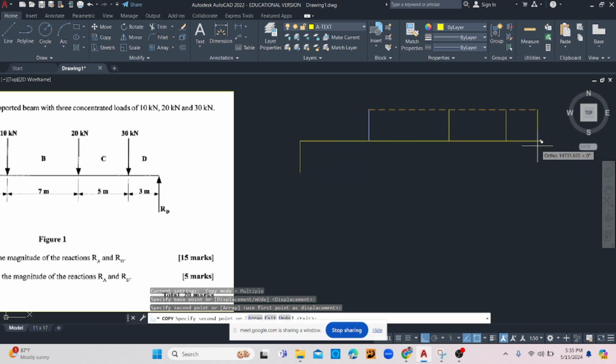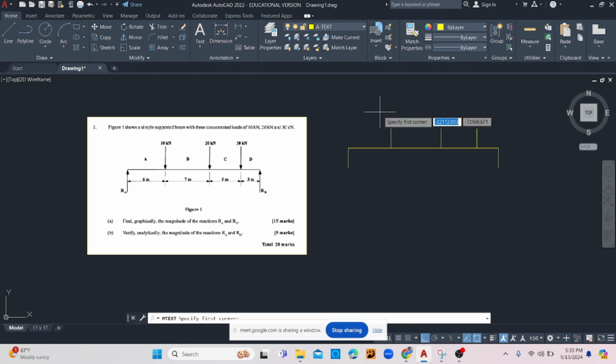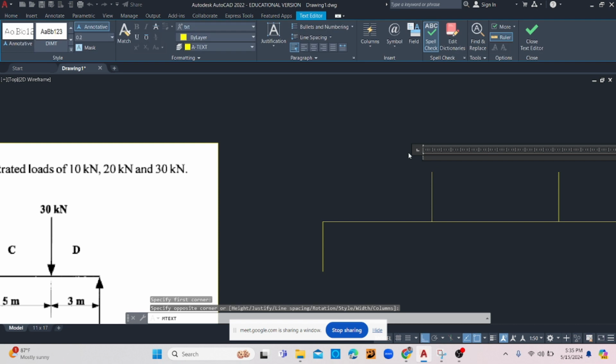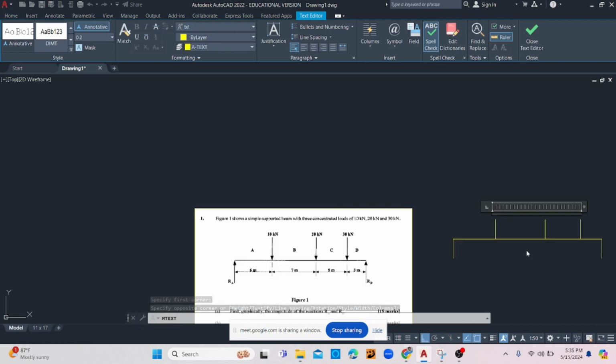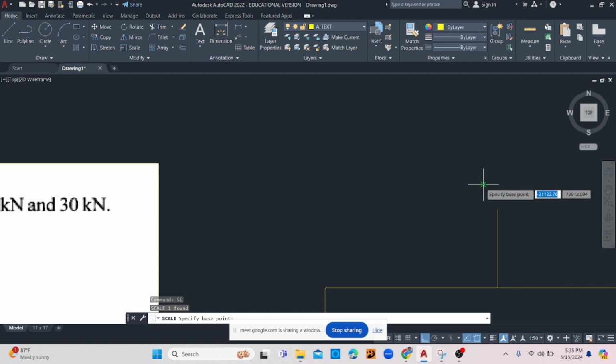I don't know what they're going to be doing this year. And you can add your labels. Not really necessary, but let's just add them nonetheless. So it's 10 kN. It's a bit too small, let me just scale it up a bit.